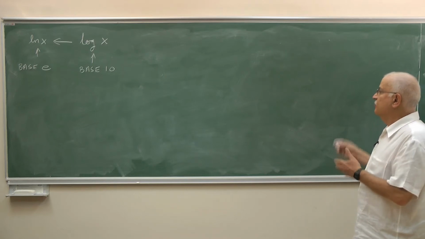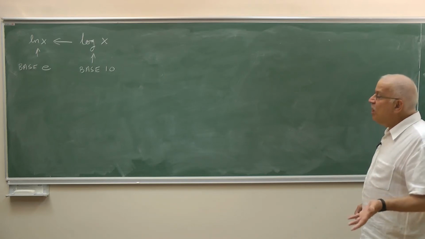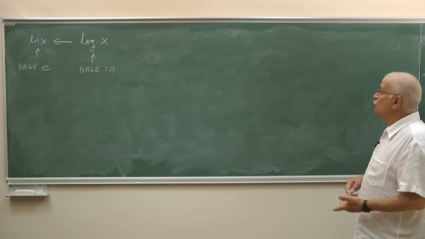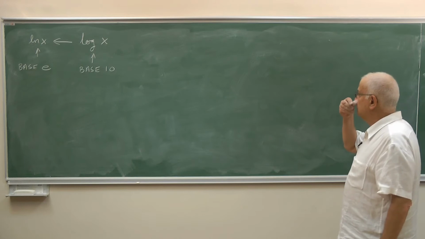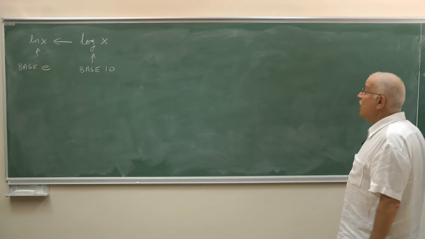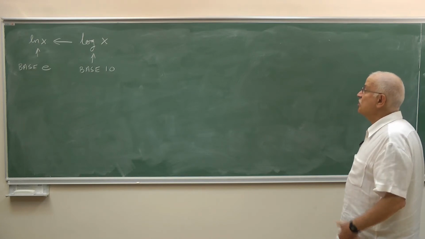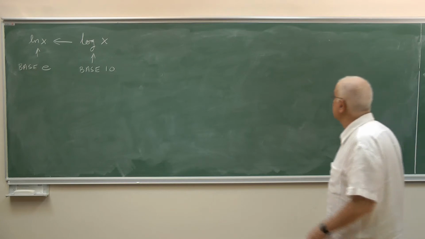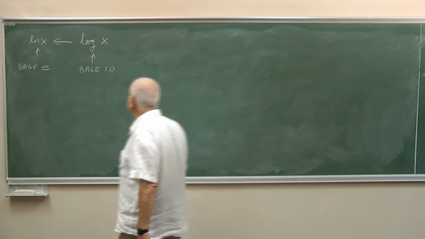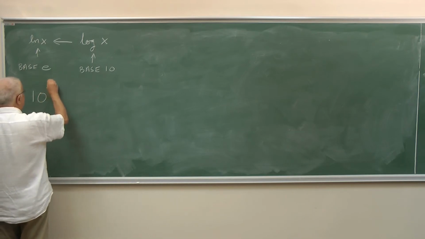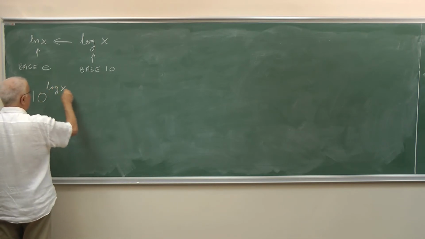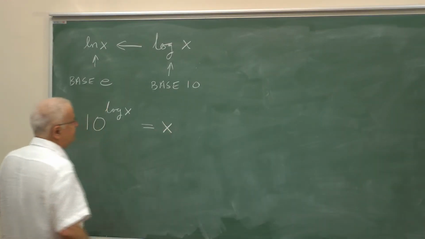In base 10, 10 is 10. In binary, 2 is written as 1, 0. Now, how do we calculate the logarithms? Let us first express that 10 to the power log x equals x.